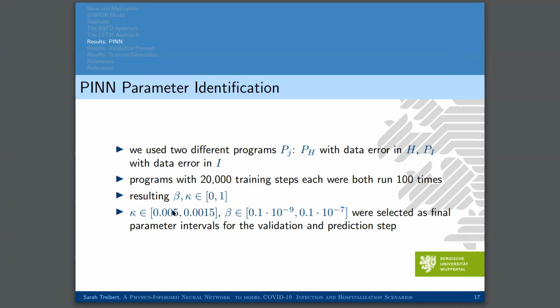Sarah, can I ask a question? In all cases, it depends on the state, actually, how they do it. But you assume you have data for infections, right? You also have hospitalization, and you also have death, right? These are the three sets of data you have.